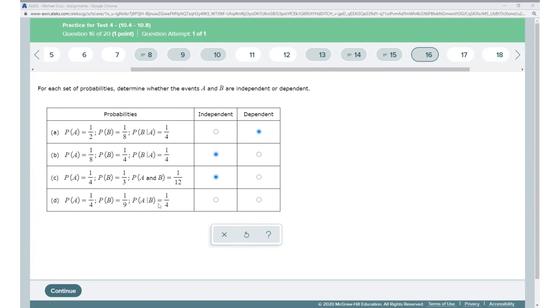So the probability of A given B is equal to the probability of A, so these are independent. All right.